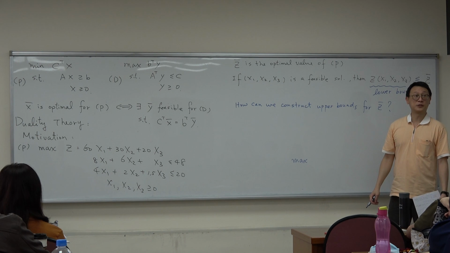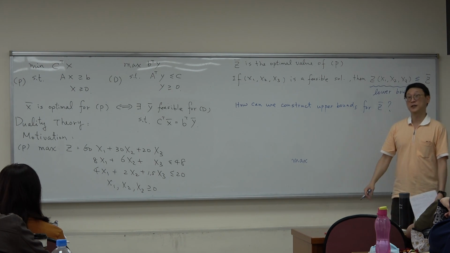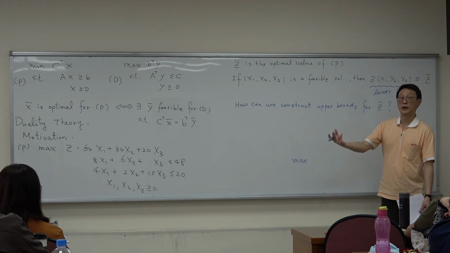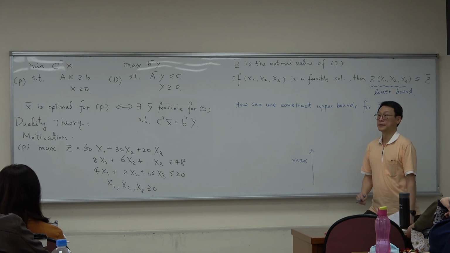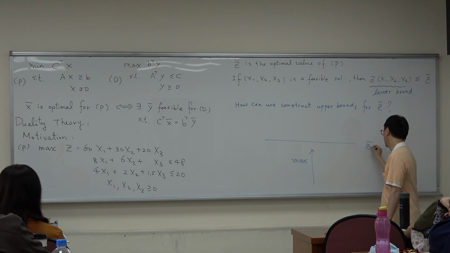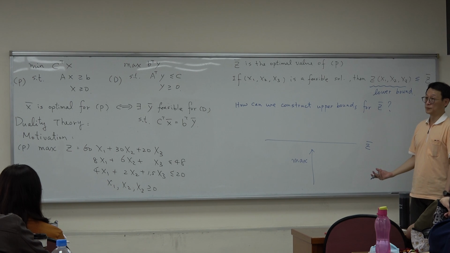When I transform this problem to standard form, the initial value of z starts from 0, right? And iteration by iteration, we increase the z value until we get the optimal solution. That's what we do.